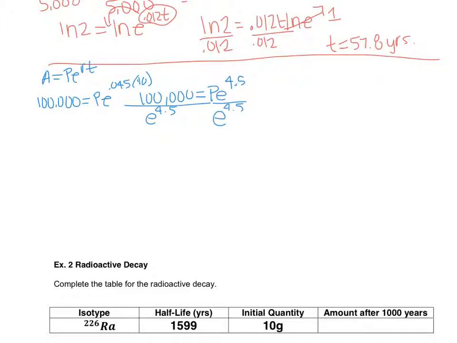And of course with money, you round to 2 decimal places down to the cent. So I'm going to say that I had initially $63,762.82. So that was the initial investment.